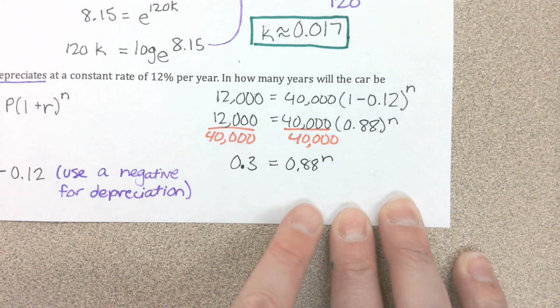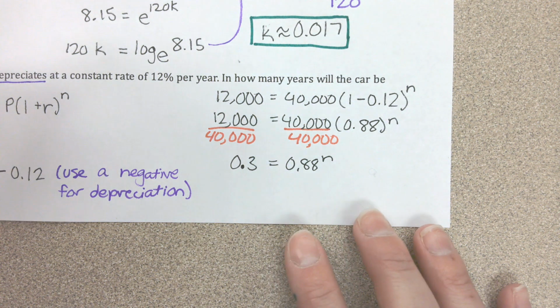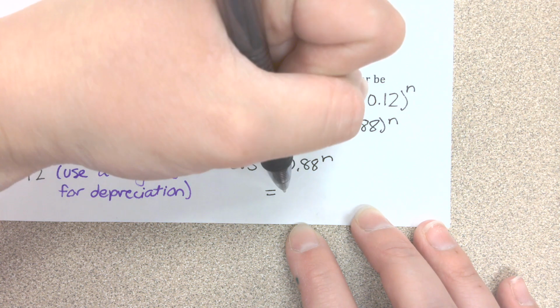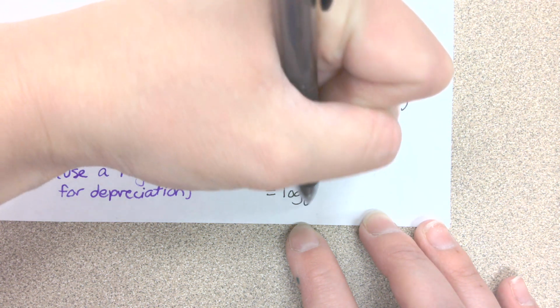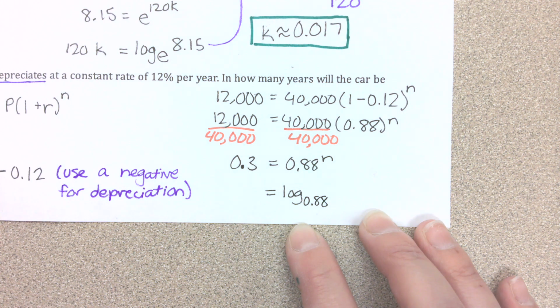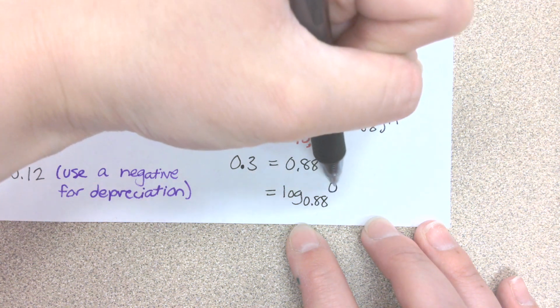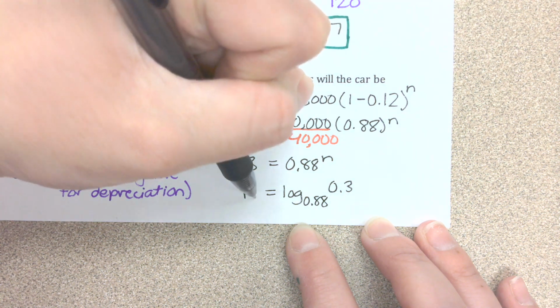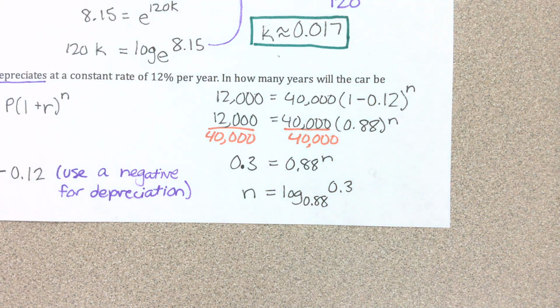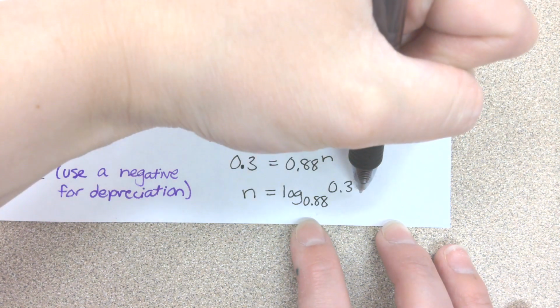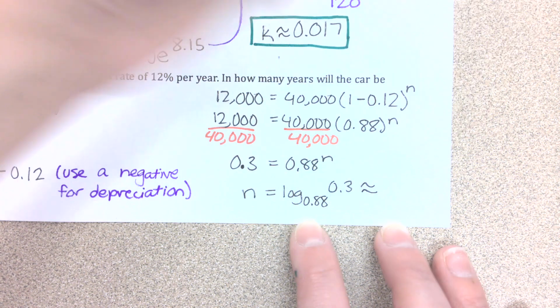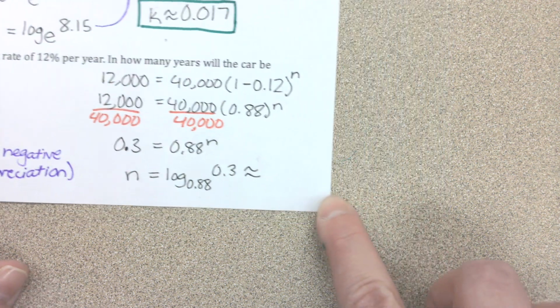From here, we can switch this around. Base stays base, the other two switcheroo. This is now log base 0.88 of 0.3 equal to n. We'll round that off to 3 decimal places.